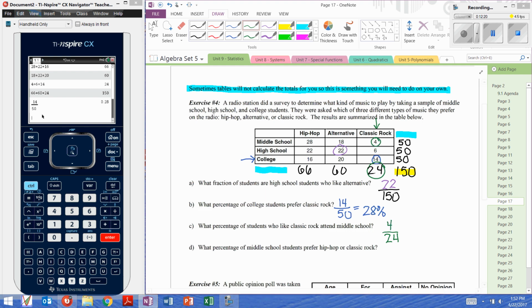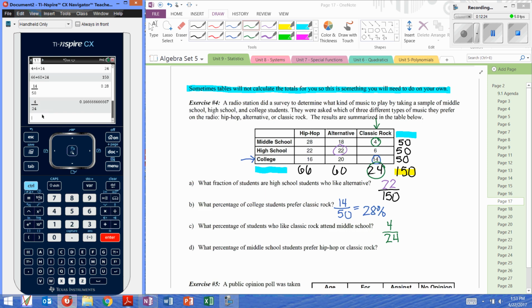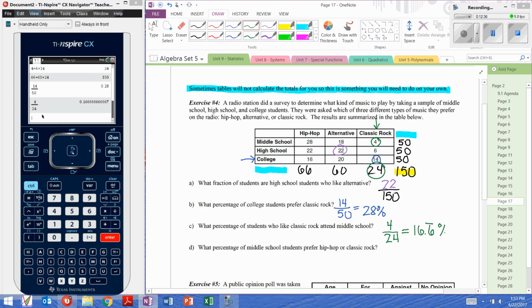Again, we're now dealing with yet another question that's telling us to convert it to a percent. It doesn't tell us to round, so I'm going to give it exactly. So 16.6 repeating percent. Remember that 7 is just your calculator's way of rounding.